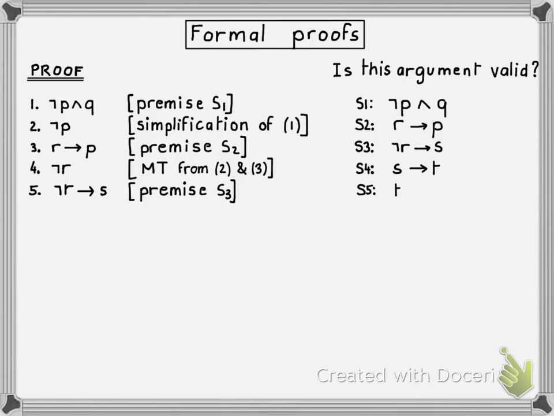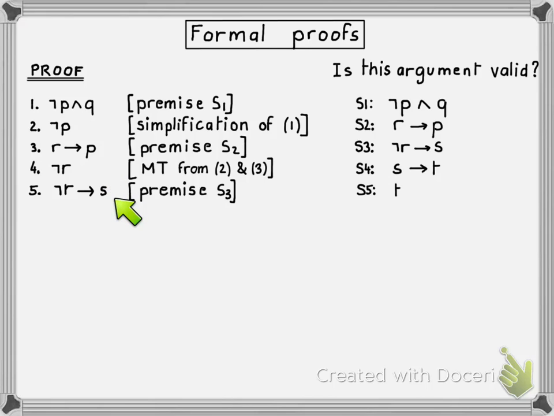Again, with its justification. Notice it's a coincidence that I'm using the premises in the order that they are listed here. In general, you're allowed to use a premise at any point in time since the premises are assumed to be true.